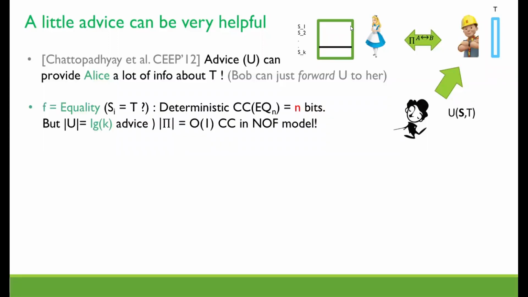As an example, consider f being equality. While the deterministic communication complexity of equality is n, just with logarithmic advice, one can reduce the required communication to O(1).